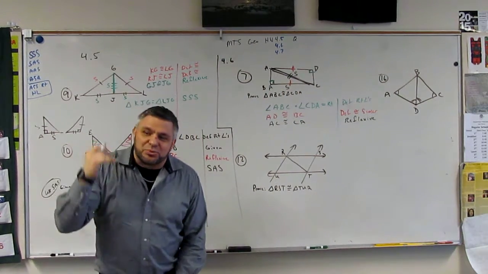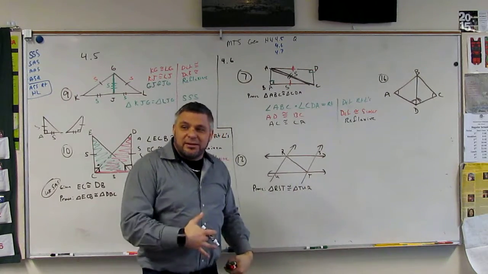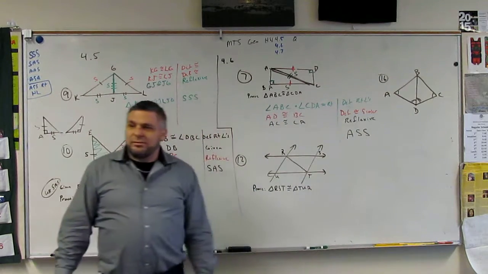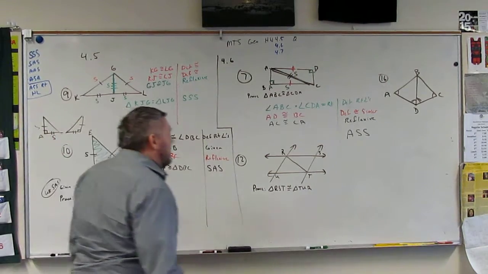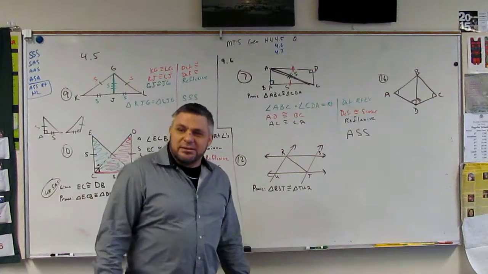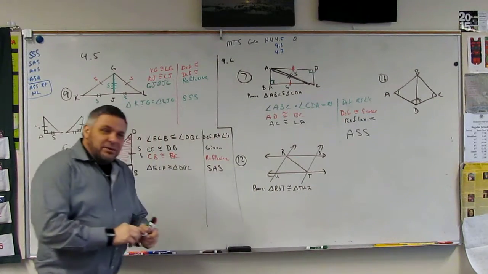So because it's right, we prove that it's right, we can say what? We can say ass. Okay? We prove that it's right, so we can say ass. Ass is only congruent if it's right.